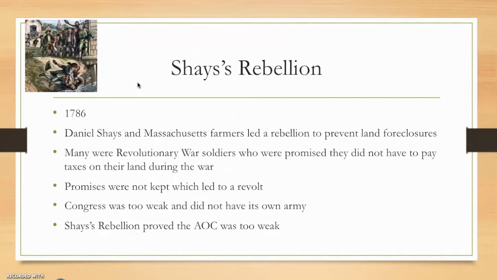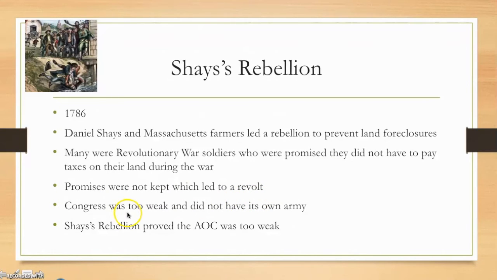The government was coming in and taking their land because they couldn't pay it. Many of these farmers were Revolutionary War soldiers who were promised that they did not have to pay taxes on their land during the war. So you can imagine how angry they were. These promises not being kept led to a revolt.